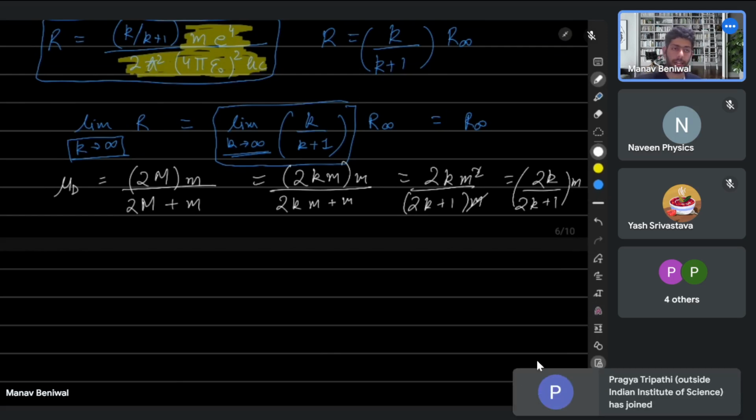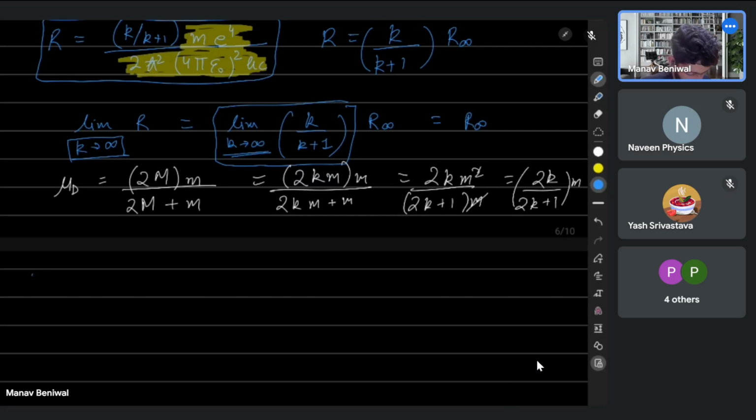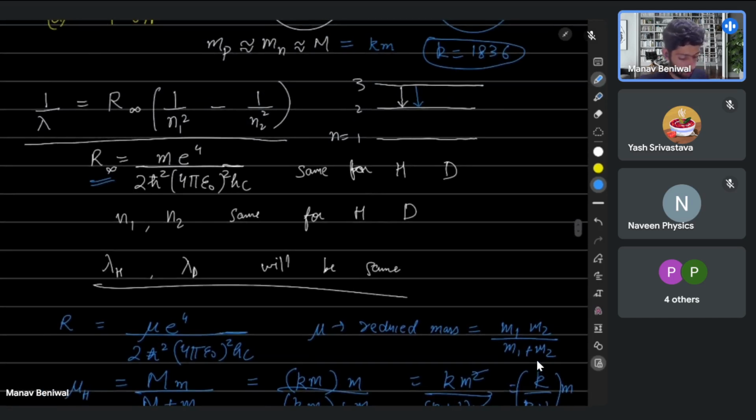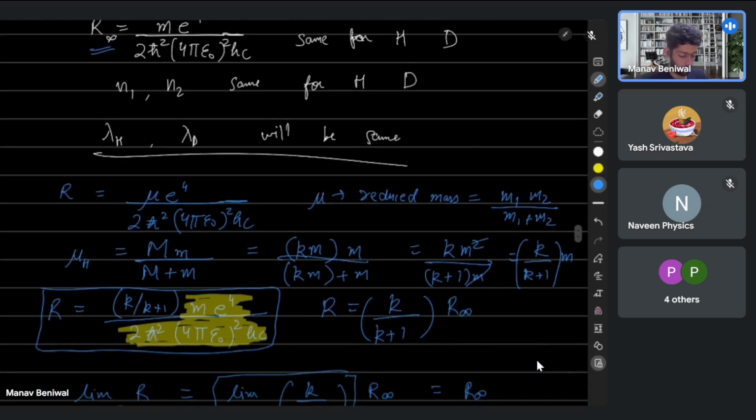Now let us calculate the wavelengths. Let's start first with hydrogen. We now have the wavelength for hydrogen, the K alpha wavelength. Let us call this lambda naught. Lambda naught is the wavelength we get when we assume that our nucleus is of infinite mass.